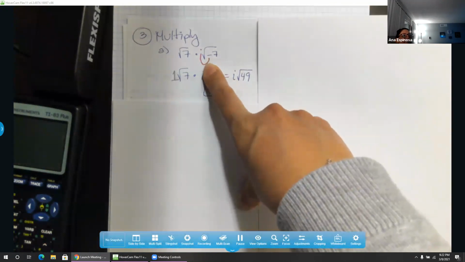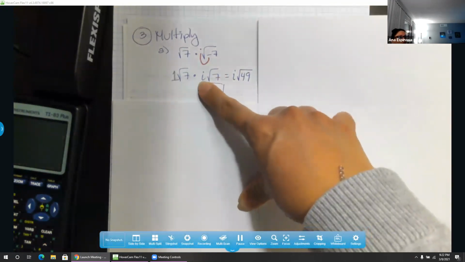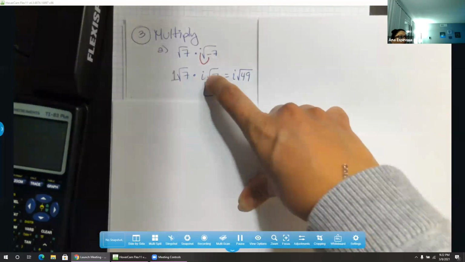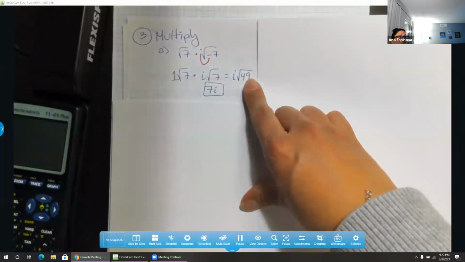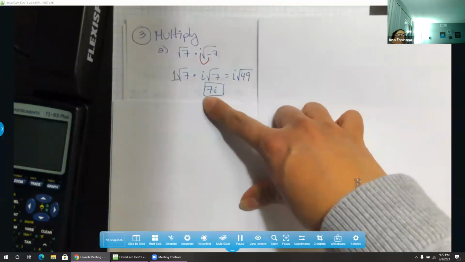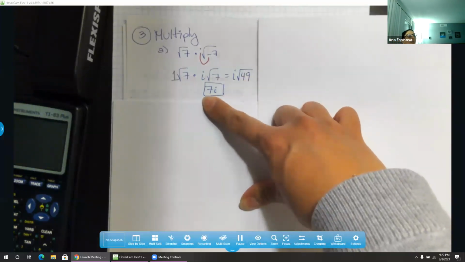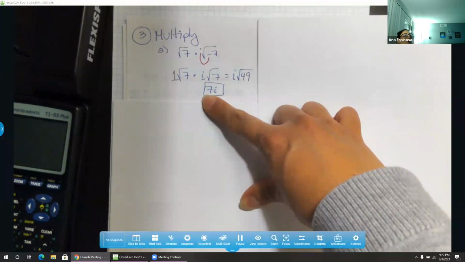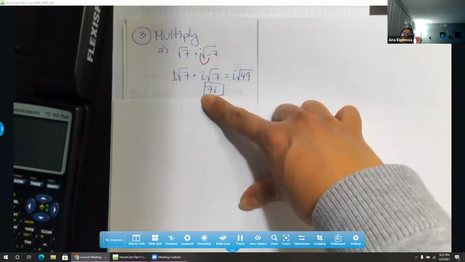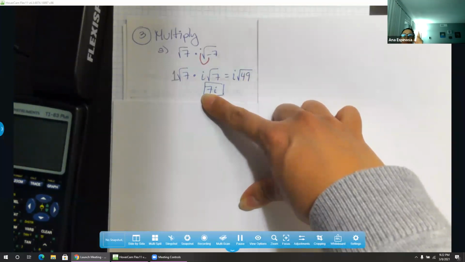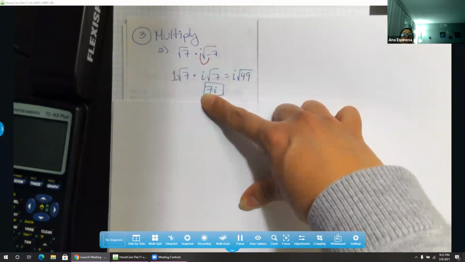So you want to take that out first, have that as a 9. Make sure that these are positives. Then you can multiply. 7 times 7, which is 49. Square root of 49 is 7. So you always want to make sure that you are taking out those i's if they are under a square root, but just in general, an even root.